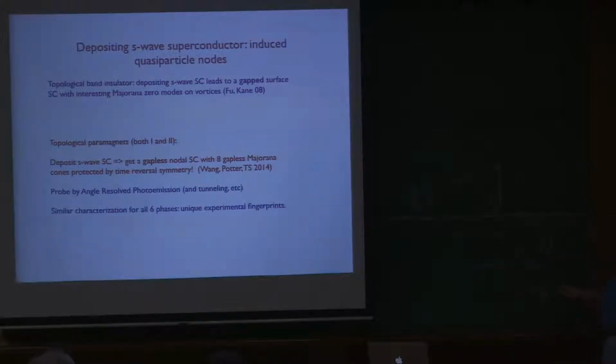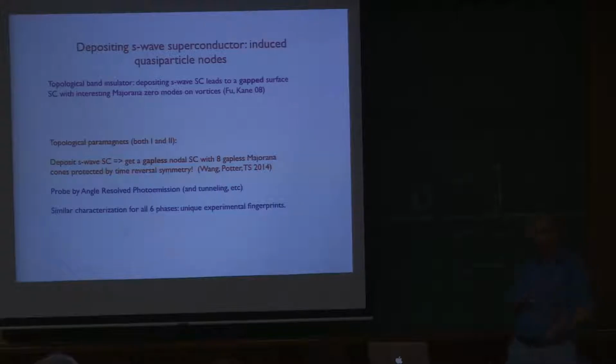So now, again, let me start with the standard topological band insulator and ask what happens if you deposit an S-wave superconductor right on top of it. This, again, was contemplated by Fu and Kane in a classic paper 10 years back, which many of the experimentalists here probably know very well. What it does is, if the superconductivity leaks into the metallic surface, it will gap out the electrons at the surface of the topological insulator.